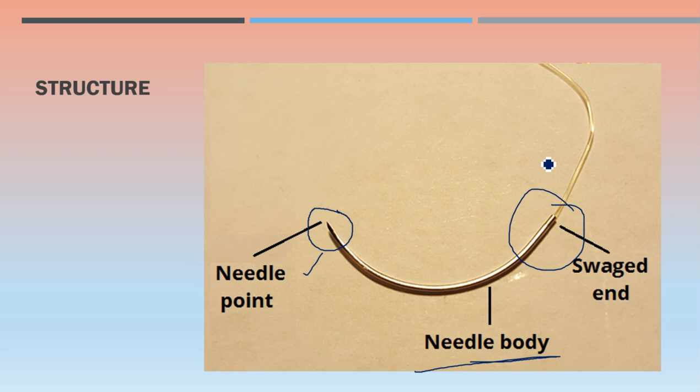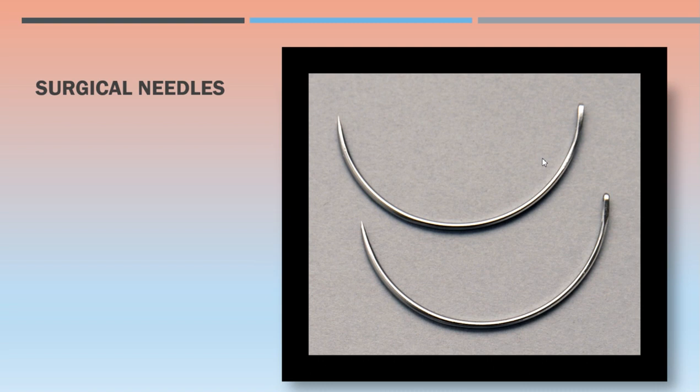This is the basic structure of a needle. In the surgical needles, again, you can see this is the part that goes first inside the tissue, and this is the swaged end where the thread is attached like this, right?